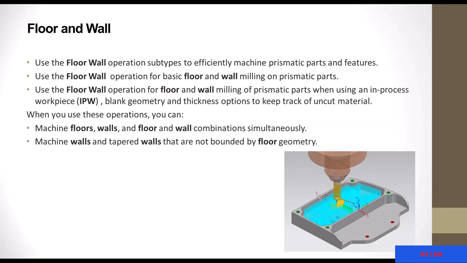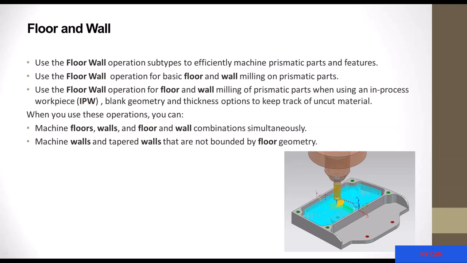So the initial blank which we are going to use, we can cut that blank for the very first operation. And after any operation, the remaining material which is available on the part, we will use that material as an in process workpiece. The material which is left after the operation is called IPW, and it is very important. We will use this term again and again.